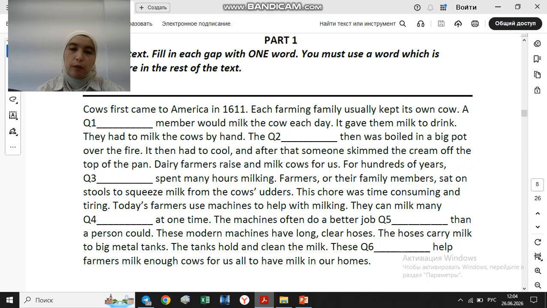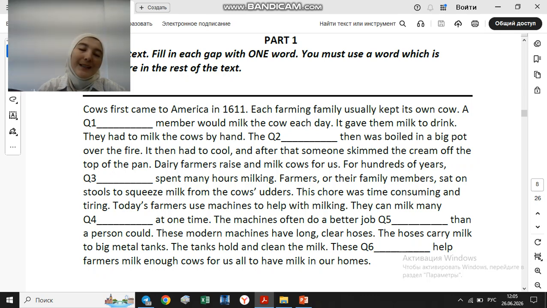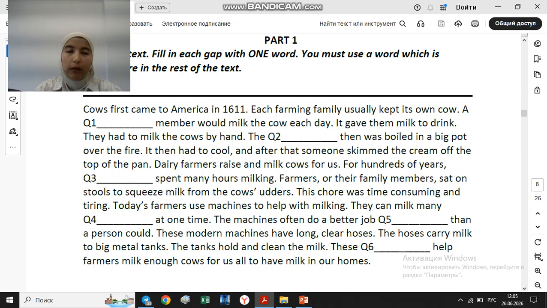As you see, there are six gaps here, and you have to fill the gaps with appropriate words, and the words should be taken from the text itself. Usually the words put here are ones which have already been used in the text before the gap.